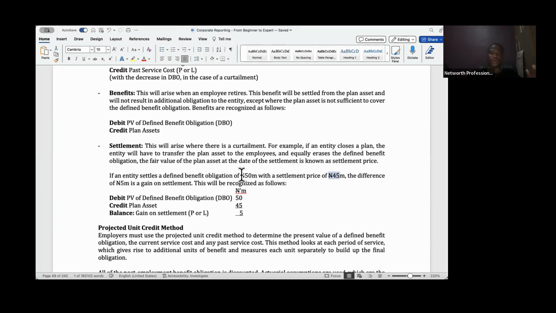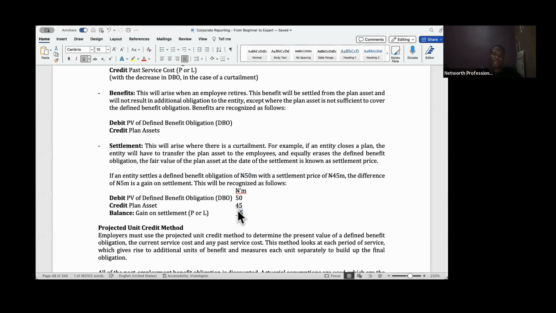So if you owe 50 million, that's your obligation to the date you said you want to curtail or close down, and you are settling with 45 million. That is a gain. That is a gain. So with settlement, you have to take some amount from the obligation, take some amount from the plan asset. If there are differences, it's either going to result in a gain on settlement or in a loss on settlement.